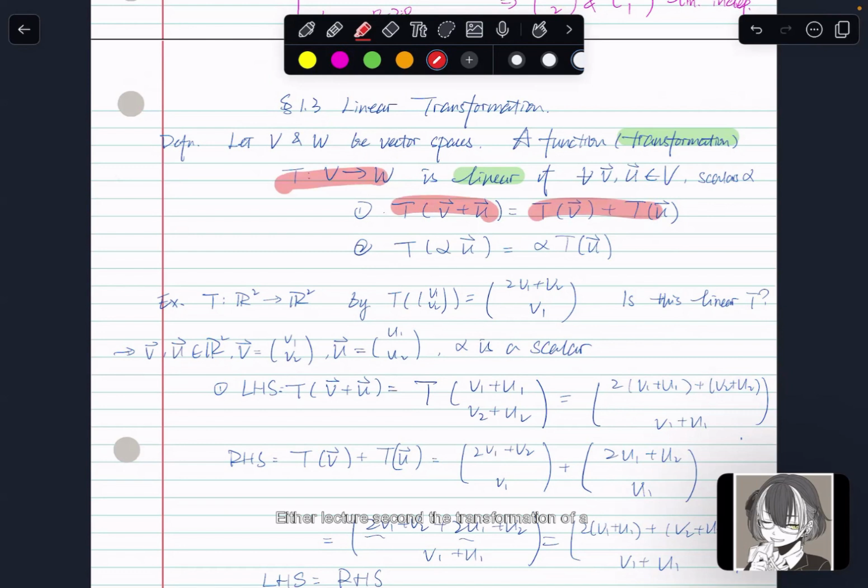Second, the transformation of a scalar multiplication of a vector is the same as the scalar multiplication of the transformed vector.